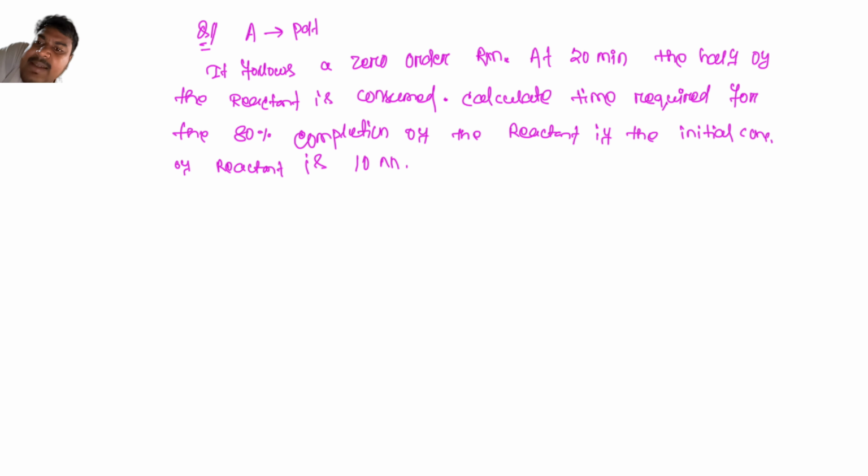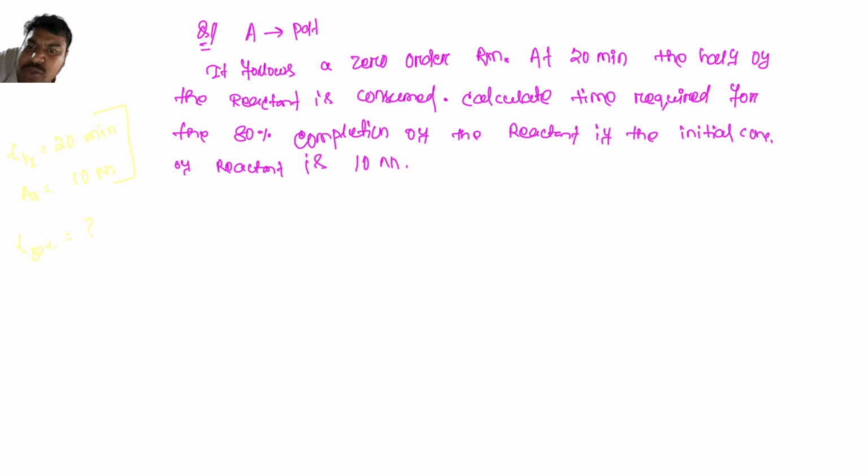Now what are the data we've been given? This is saying that t half, 50%, is completing in 20 minutes. That means I can write that t half will be equal to 20 minutes, and we are given A naught as 10 mole per liter. Now it is asking what will be t 80%.